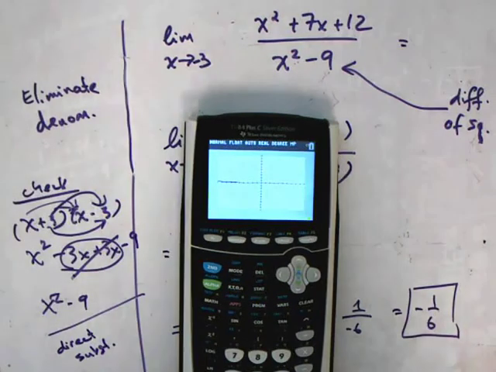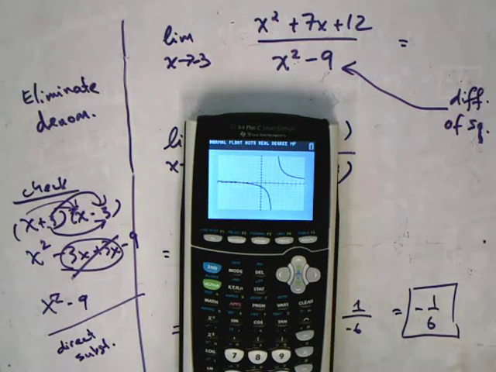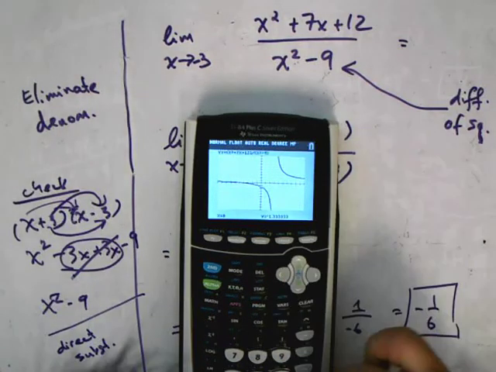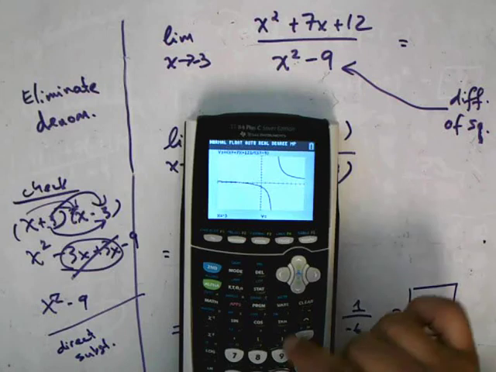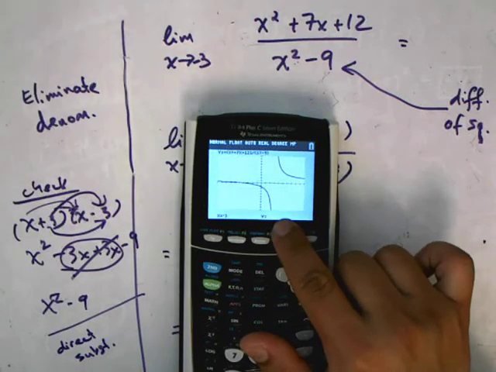When I graph this, you'd think it would be a quadratic, but it turns out it's not. So let's see what happens when we plug in negative 3. Trace negative 3. And you can see here that it is undefined.